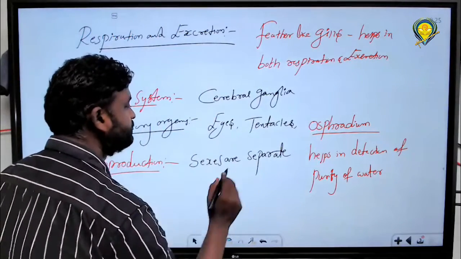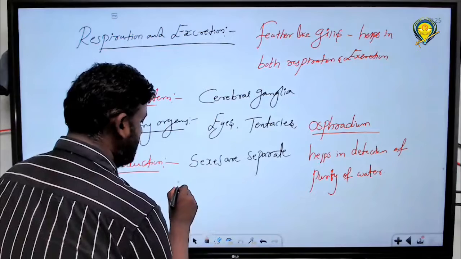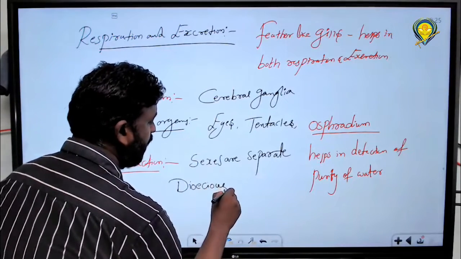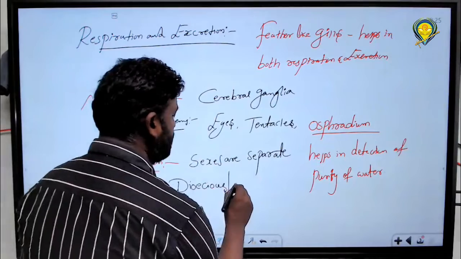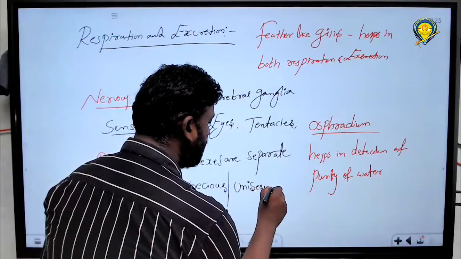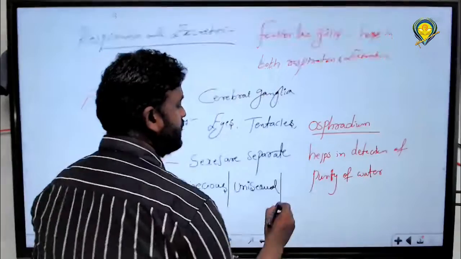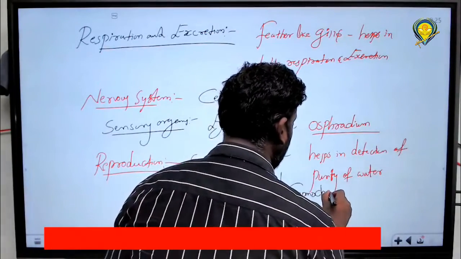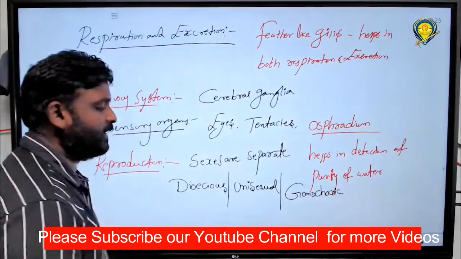First, dioecious. And next, unisexual or bisexual? Definitely unisexual organisms. At last, gonochoric, not a hermaphrodite. Got it?